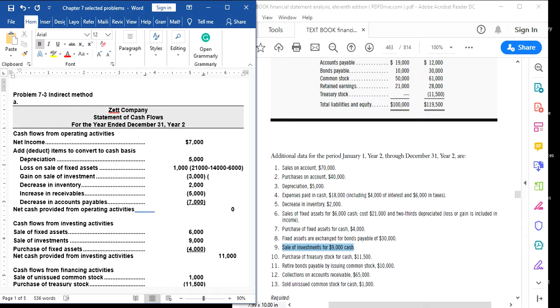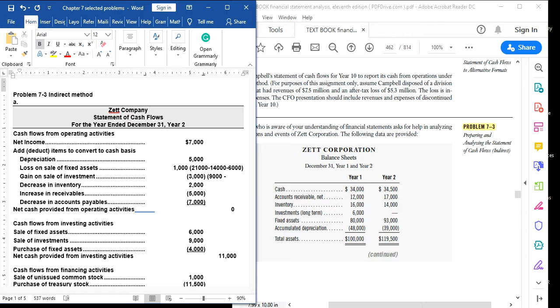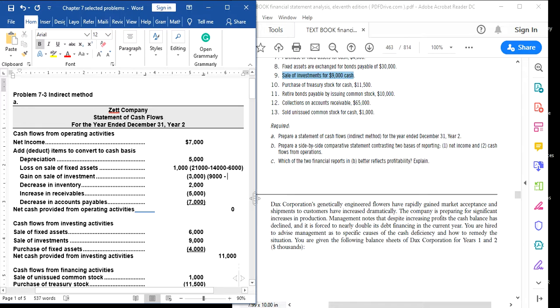So the sales of investment for cash, $9,000 minus investments over here, $6,000. So this should be deducted from that one. 9, yeah, so it is $3,000. Okay. Also, we have a decrease in inventory of $2,000.